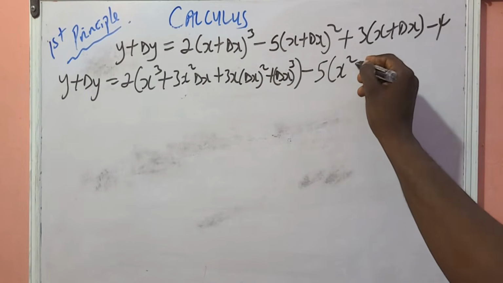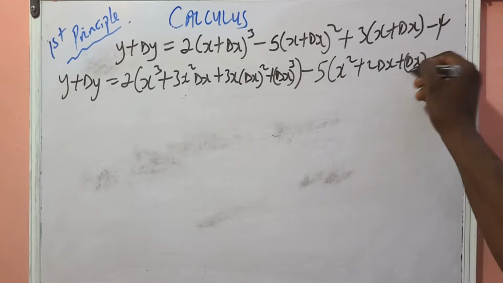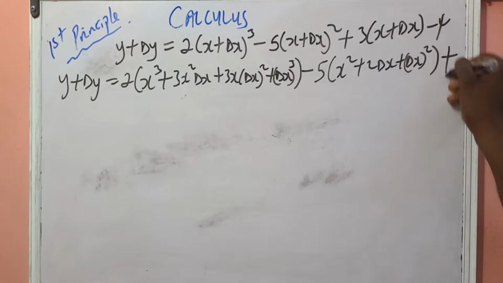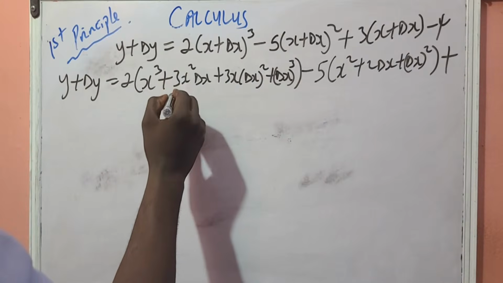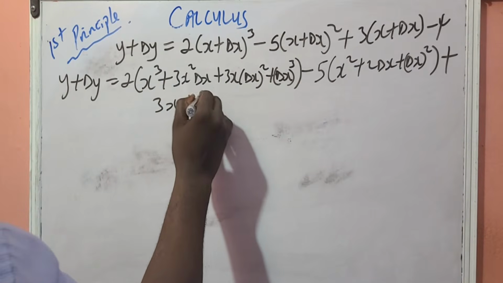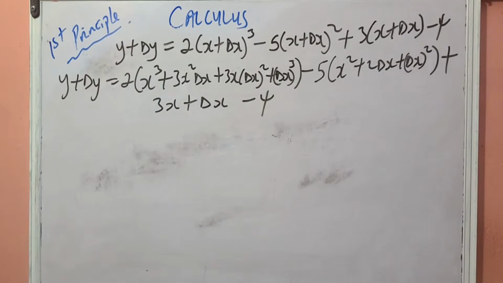So you'll be having x squared plus 2 delta x plus delta x all squared, plus then the last one now. Okay, someone is still solving. We have 3x, let me open this, plus delta x, then minus 4. Are you seeing the whole complexity that this is bringing?